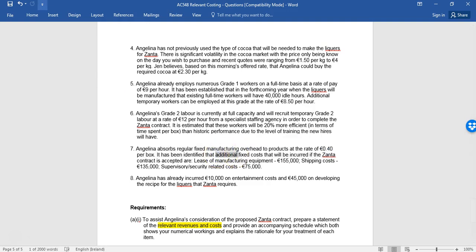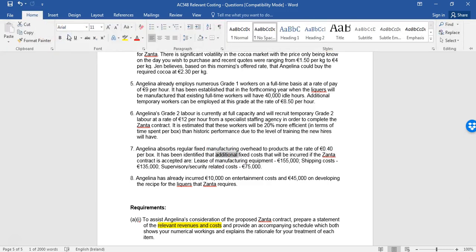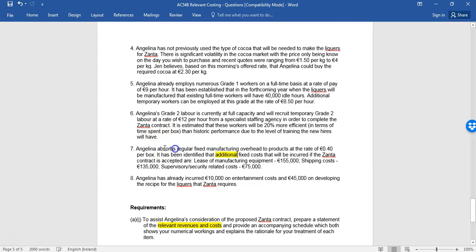And that's the key word there. The regular absorption here is not a relevant cost. That's an ongoing cost that would have been absorbed anyway, because you're essentially covering your fixed costs in your factory, your manufacturing context. What we're only interested in here is the incremental costs.